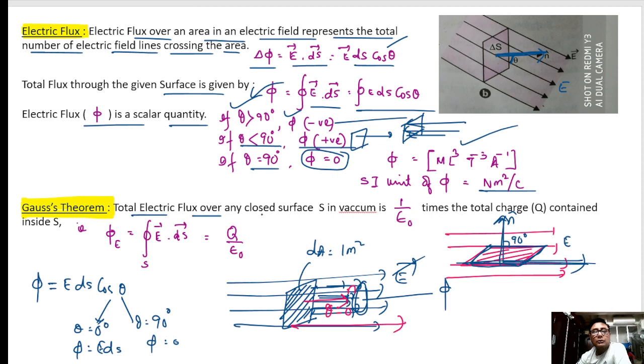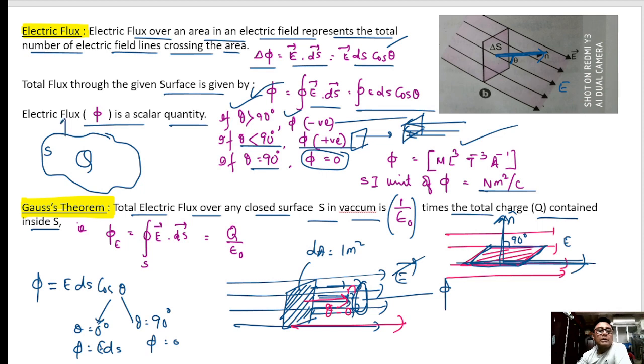Total electric flux over any closed surface S is 1 by epsilon O times the charge contained inside the S. Suppose this is a surface S and here is a charge Q. The electric flux that will come out from this surface will be Q by epsilon O. This is the total flux which will come out of the closed surface if there is a charge inside it.